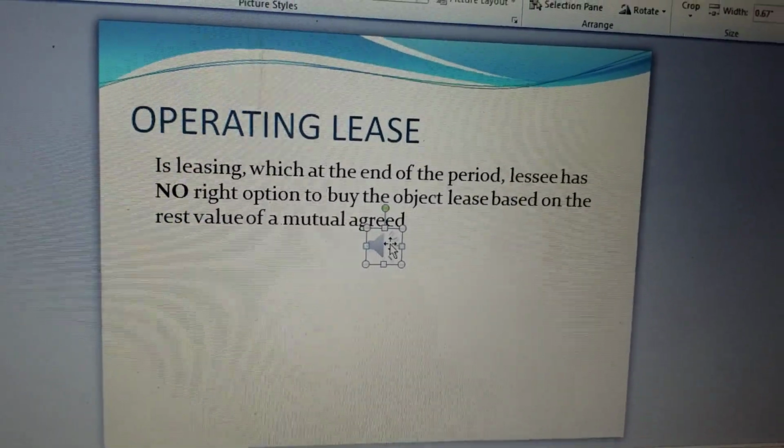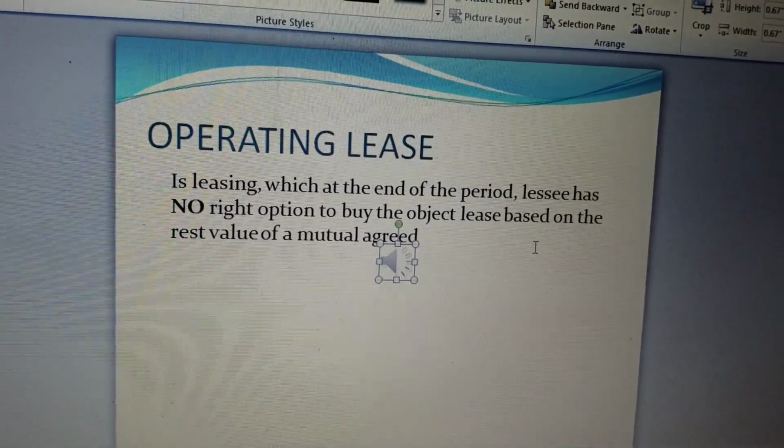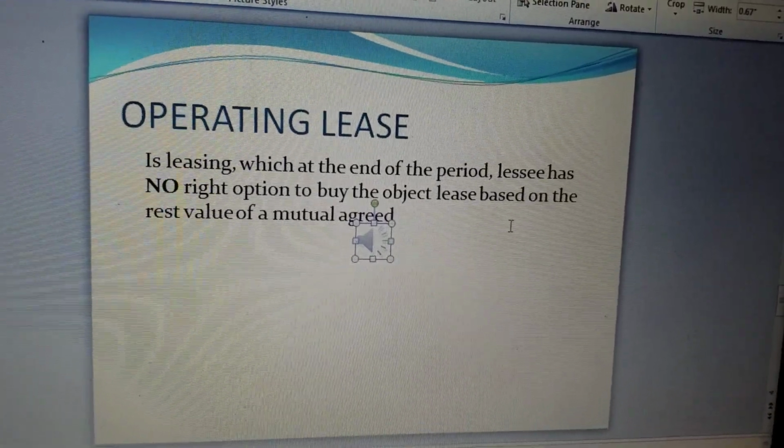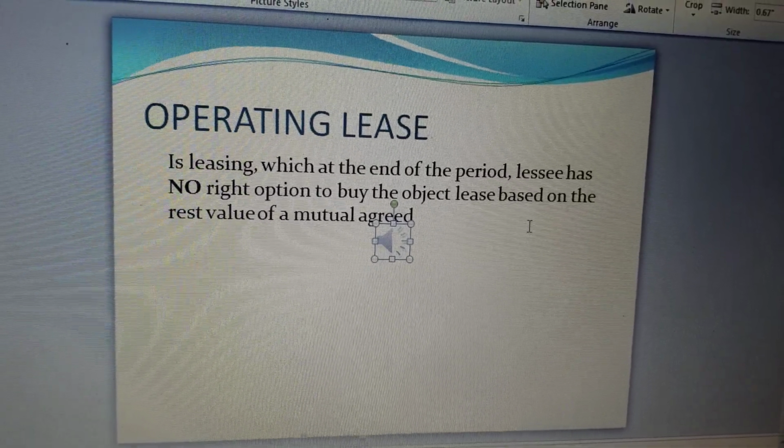The second type is operating lease. Unlike the finance lease, in operating lease there is no option to buy the object after the duration of leasing is finished.